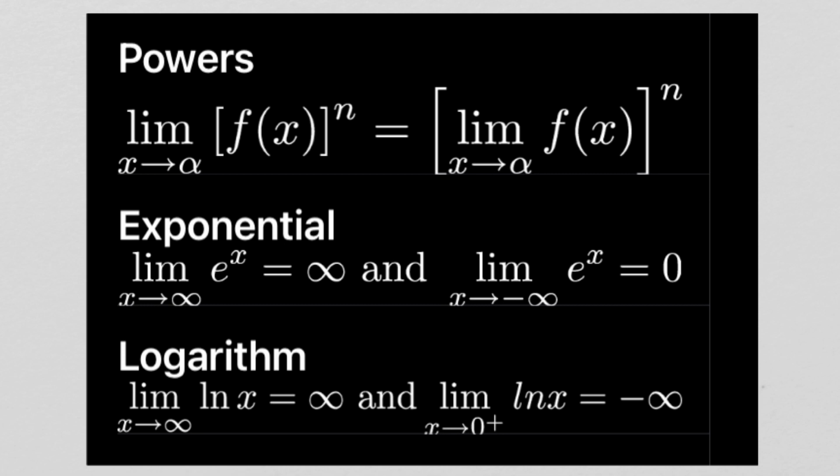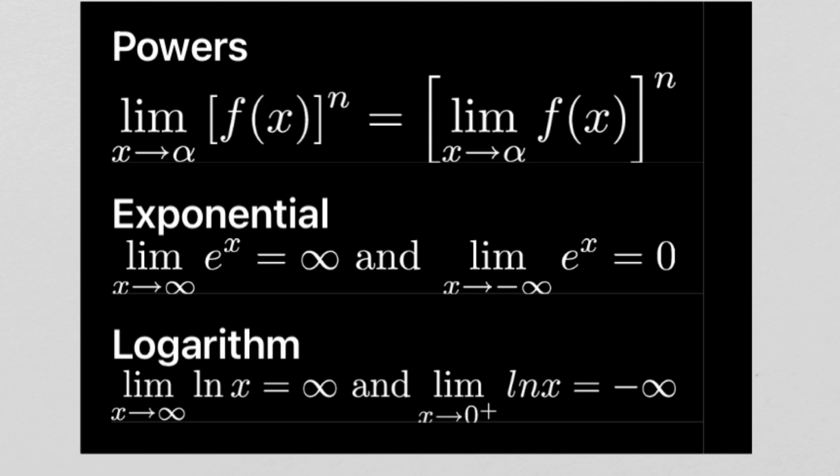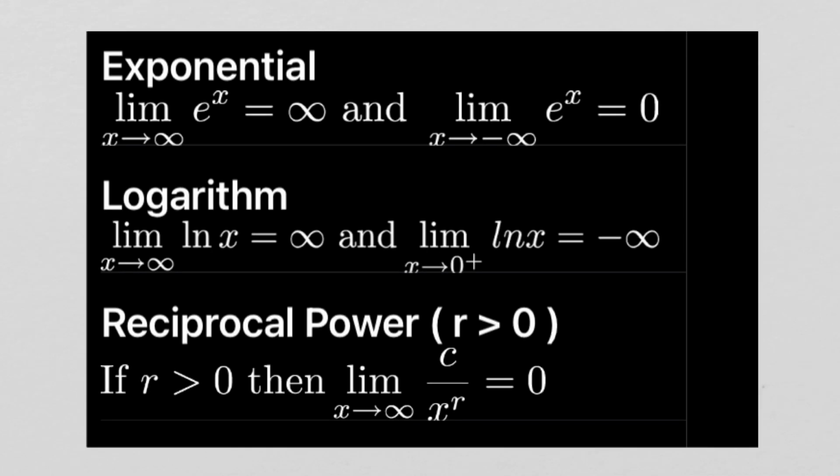The limit of natural log of x as x goes to infinity is infinity. The limit as x goes to 0 from the positive side of the natural log of x is negative infinity.